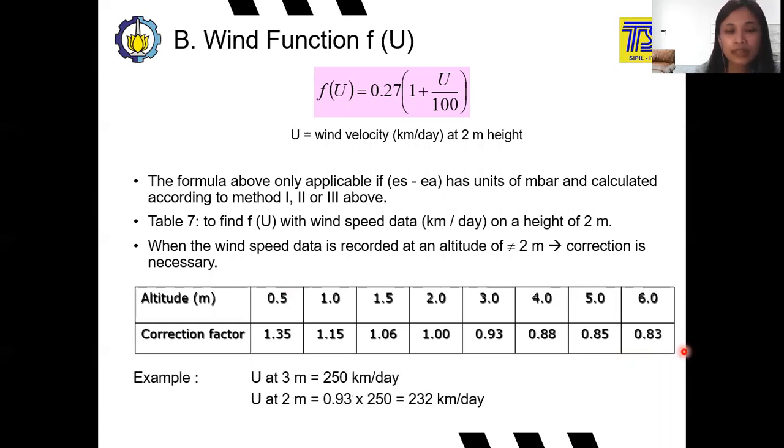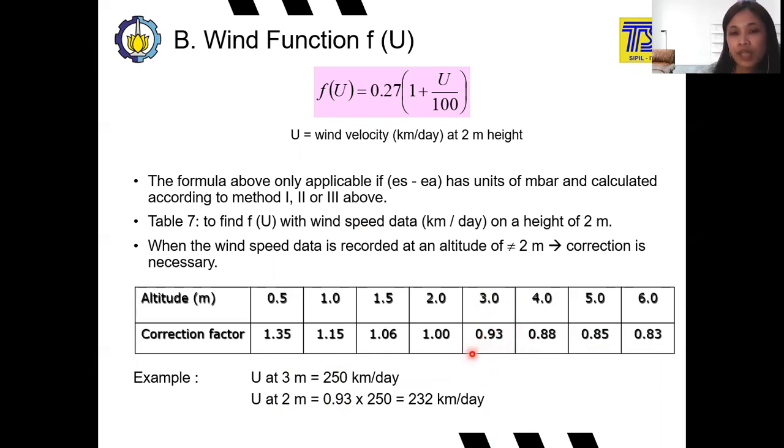For example, you got the wind speed data at 3-meter height, which is equal to 250 kilometers per day. Then you have to correct it into the wind speed at 2 meters height by multiplying by this correction factor. For an altitude of 3 meters, we have 0.93.